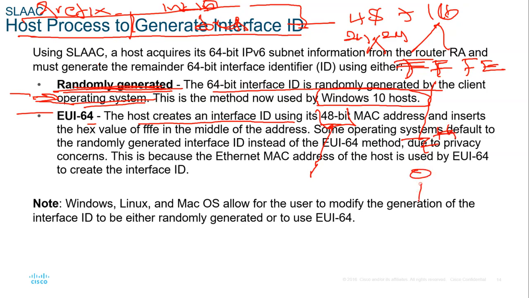If it is a 0, it is flipped to 1. If it is a 1, it is flipped to 0. That is the process. So we have two ways: randomly generated and Extended Unique Identifier. Randomly generated is the role of the operating system. When it comes to Extended Unique Identifier, the MAC address is edited and altered.